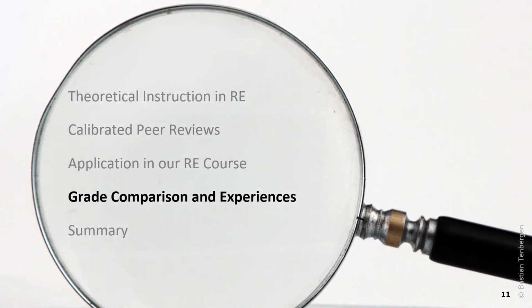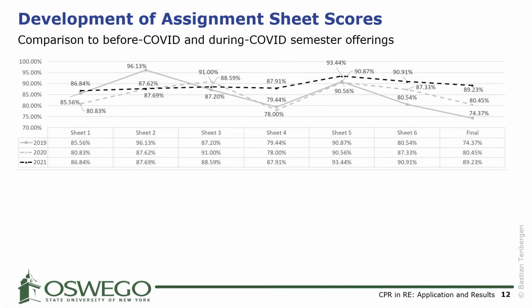So, how did the students do? I brought with me here a line graph of the students' average scores on all 6 assignment sheets, as well as the average mean score in 2020, 2021, in comparison to 2019 before the pandemic.